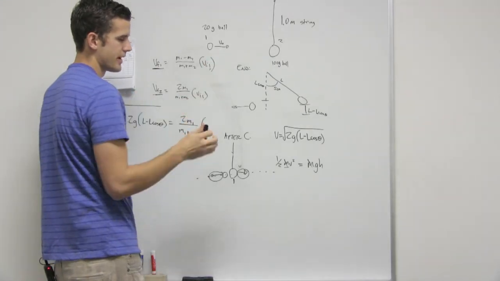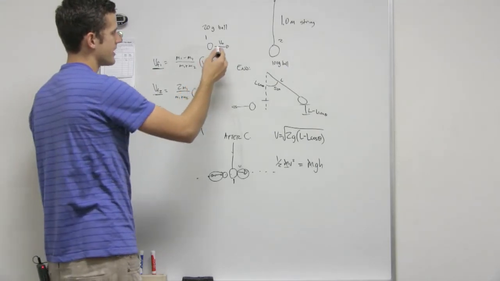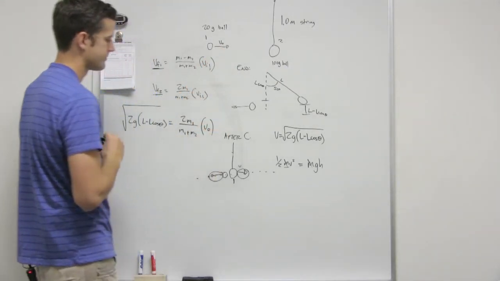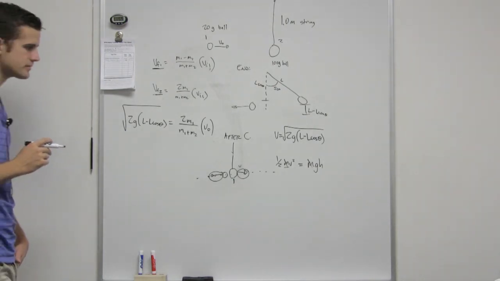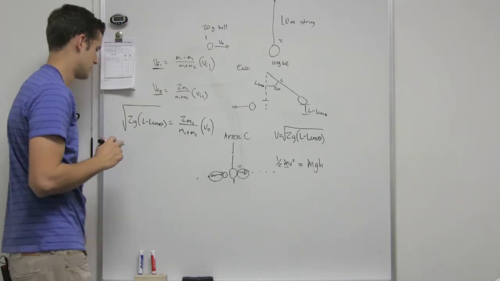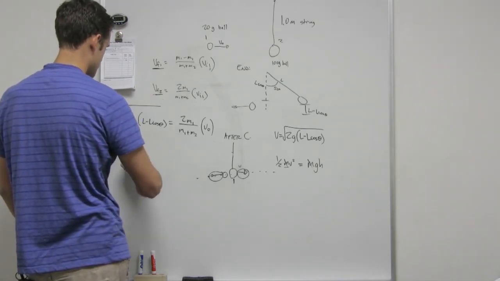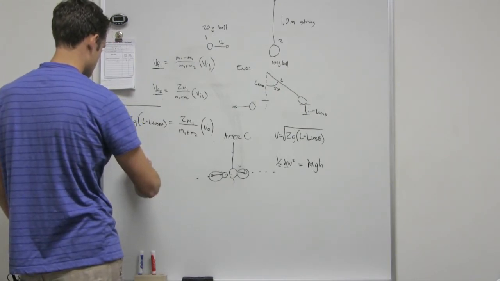Well, I guess the answer you're looking for, they use the notation v naught. So that's what we're looking for, right? And so we know everything else, so we can just go square root of 2g (L minus L cosine of theta) divided by 2m1 divided by m1 plus m2.